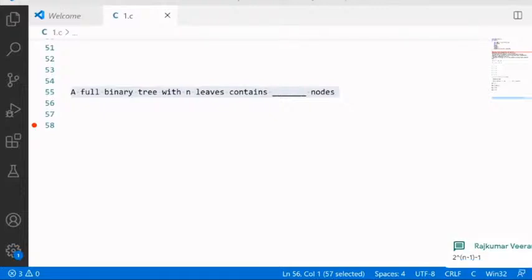What is a leaf? First of all, what are leaves? Okay, I'll give you a structure. I'll share a new screen with you.